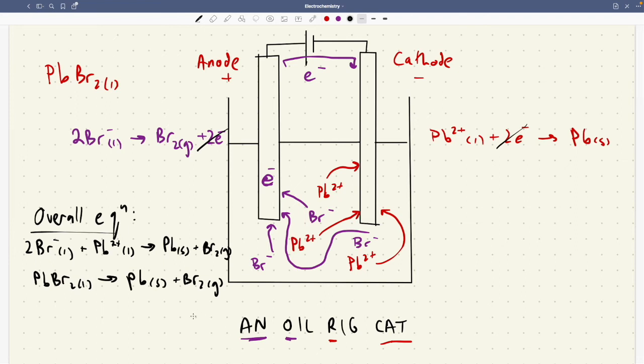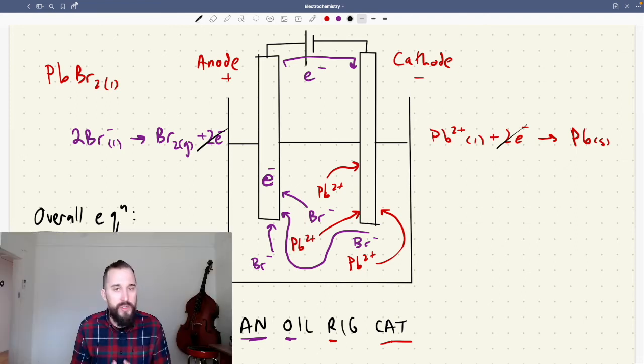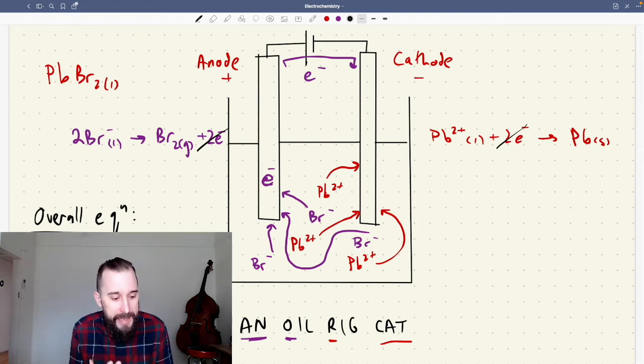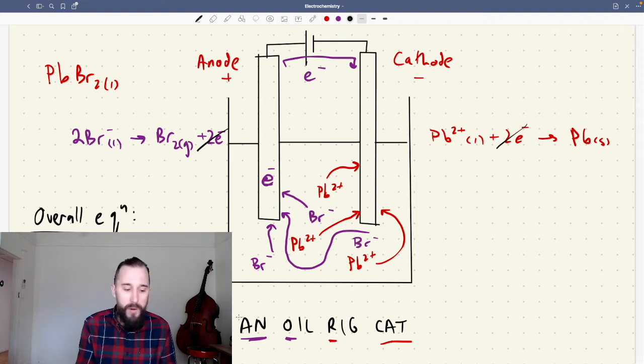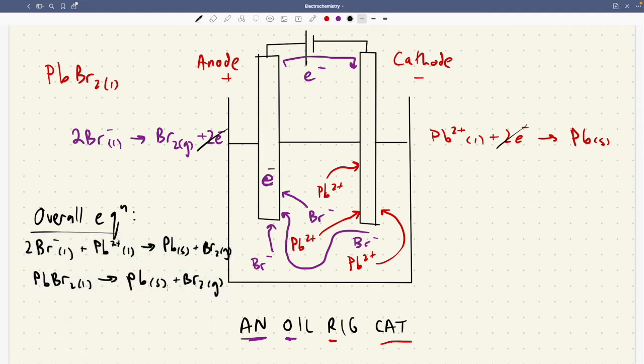The final thing is asking for the observations. What would we see in this electrolysis? Well, what are we forming? We're forming lead, which is going to be a silver metal. So at the cathode, we would observe a coating of silver solid over the cathode as those lead ions are reduced to the lead atoms.